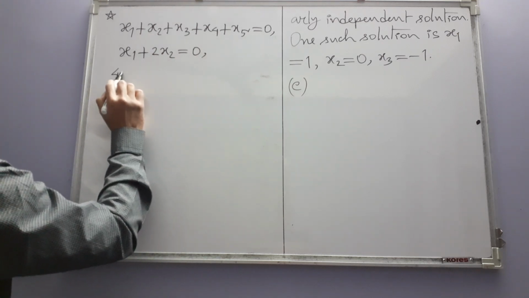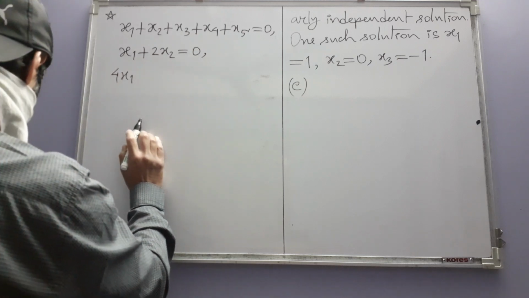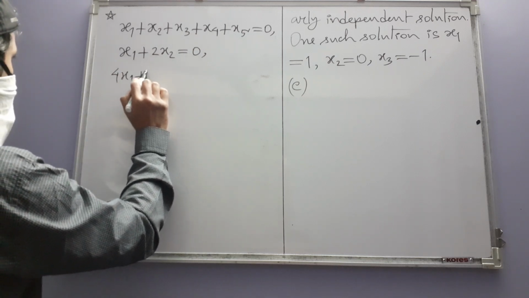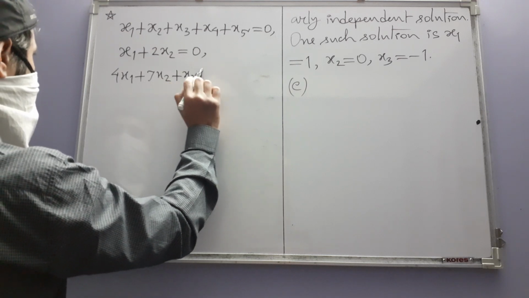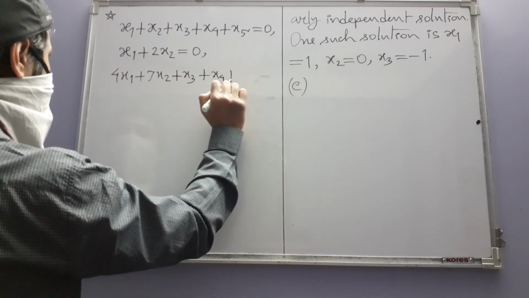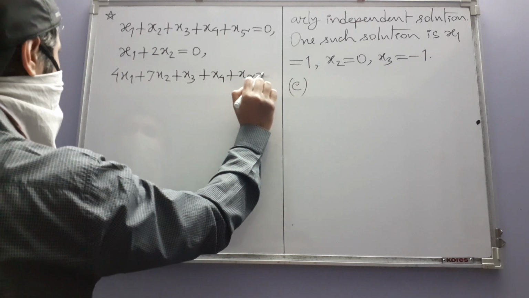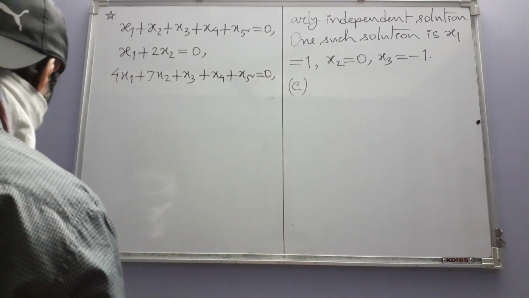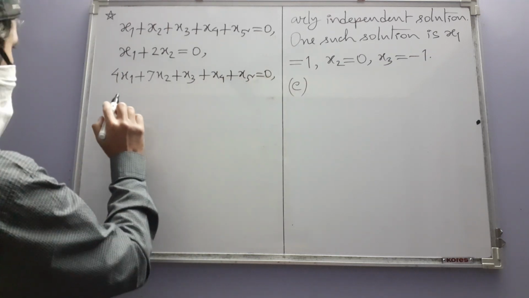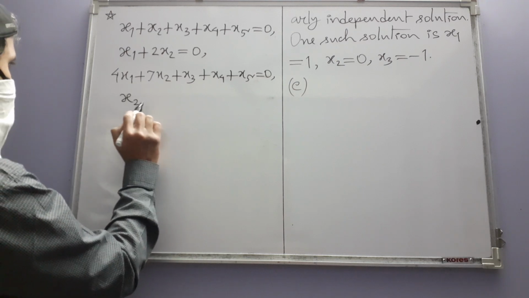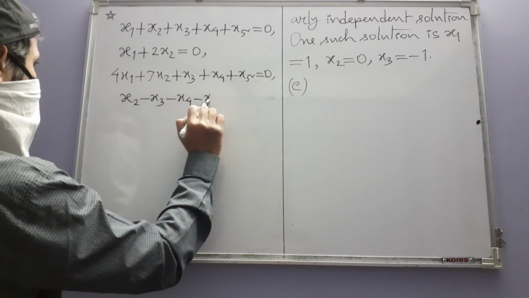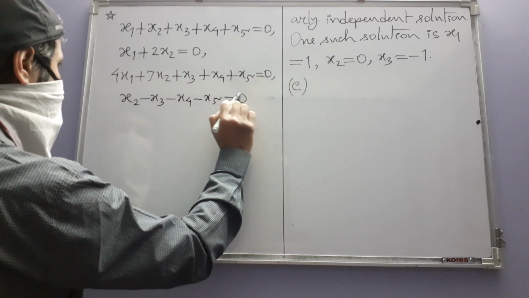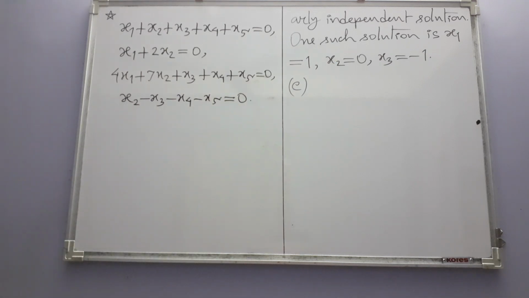The third one again is long, 4x1 plus 7x2 plus x3 plus x4 plus x5 is equal to 0. And the fourth one is x2 minus x3 minus x4 minus x5 equal to 0.